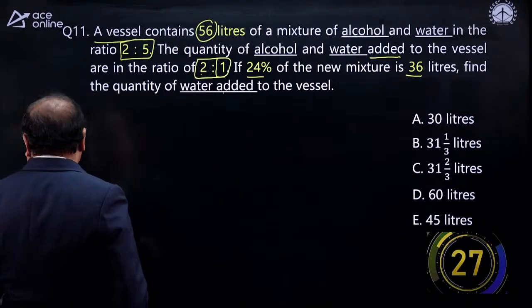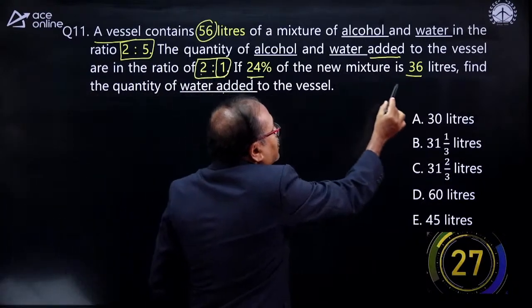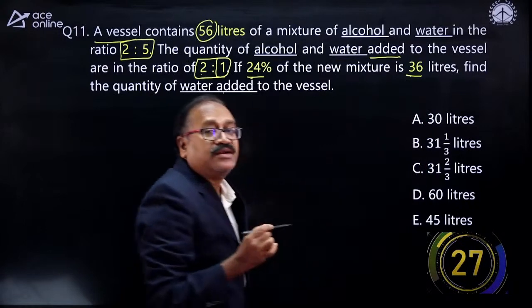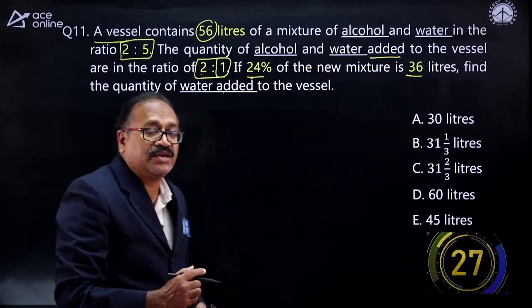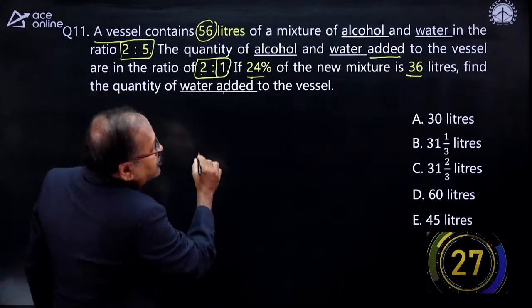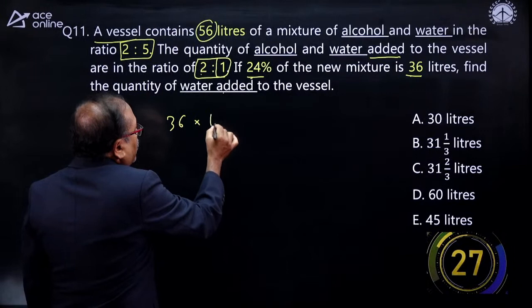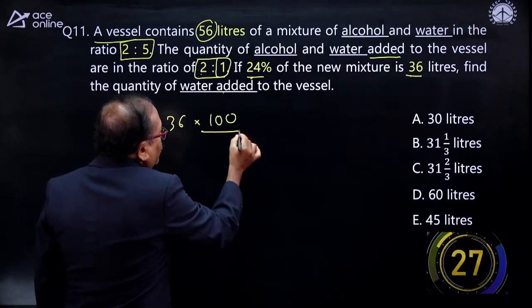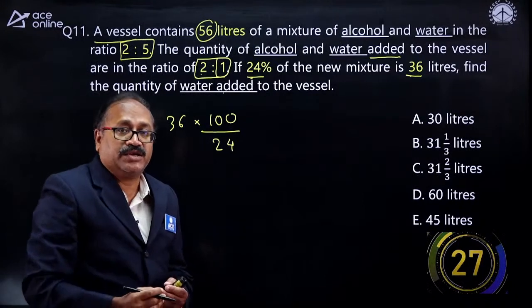Now I will answer this question here. 24% of the new mixture is 36 liters. So can I find out the 100%? That is, I will get the total new mixture. So 36 into 100 by 24 will give us the total new mixture.